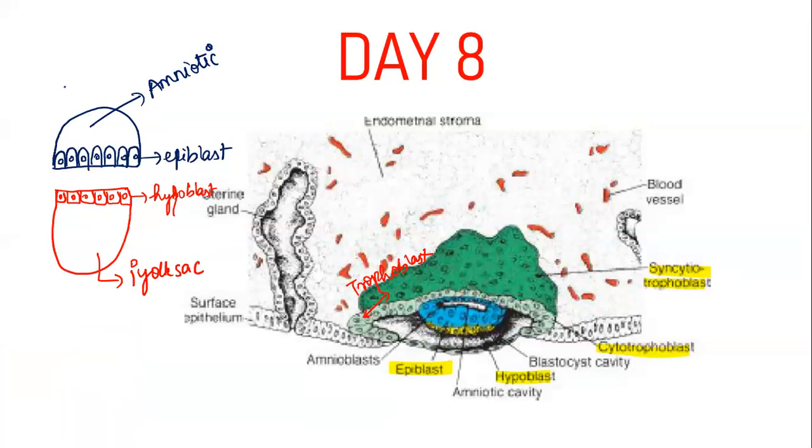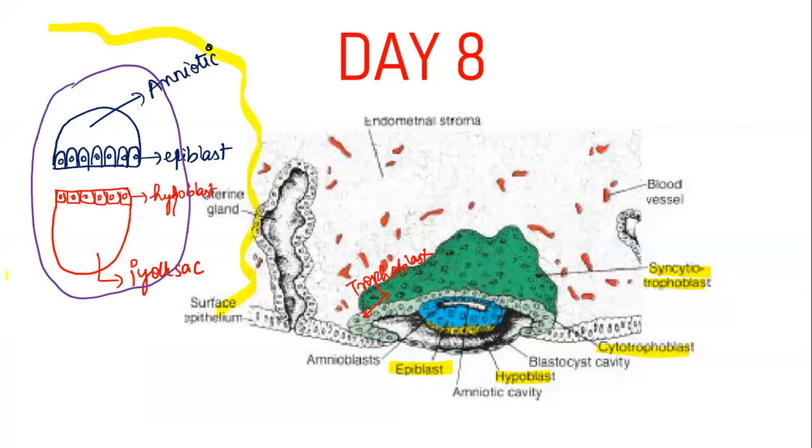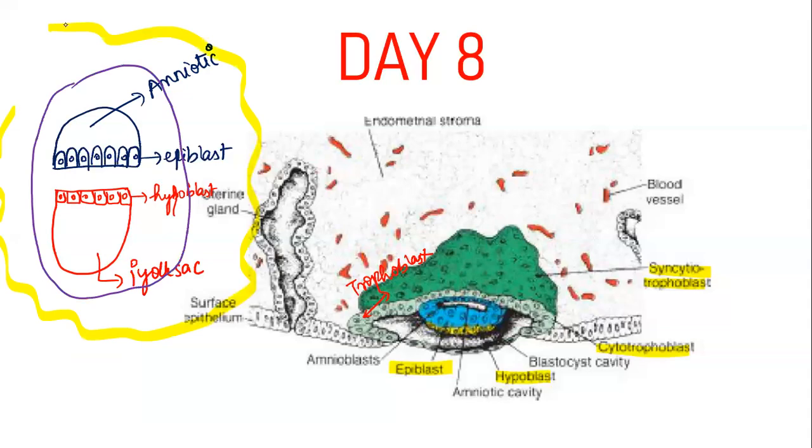So the outer cell, if you take, you have got a cytotrophoblast, which is very regular in margins, and you have got a syncytiotrophoblast. This is what happens in day 8, right?